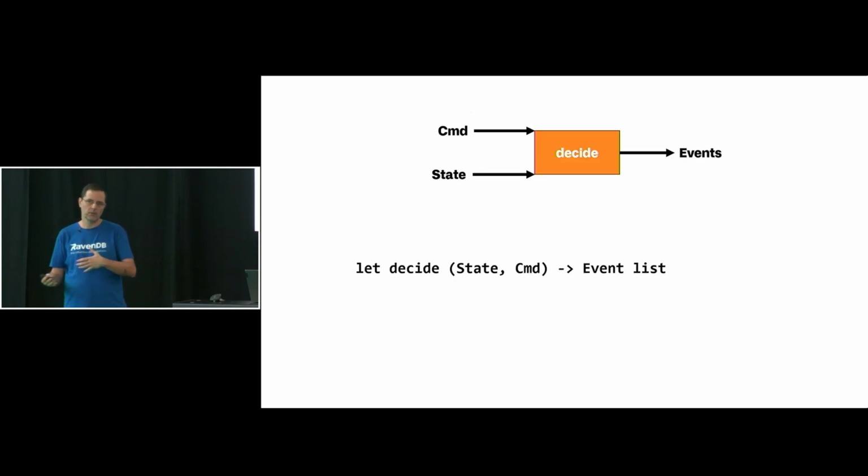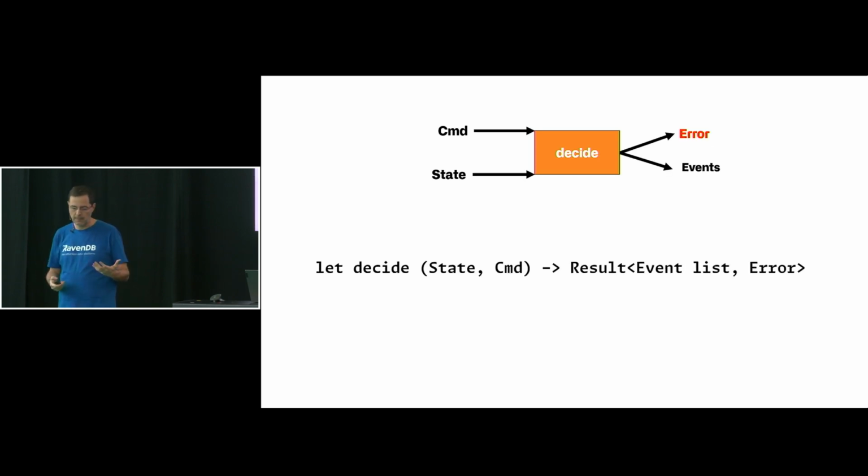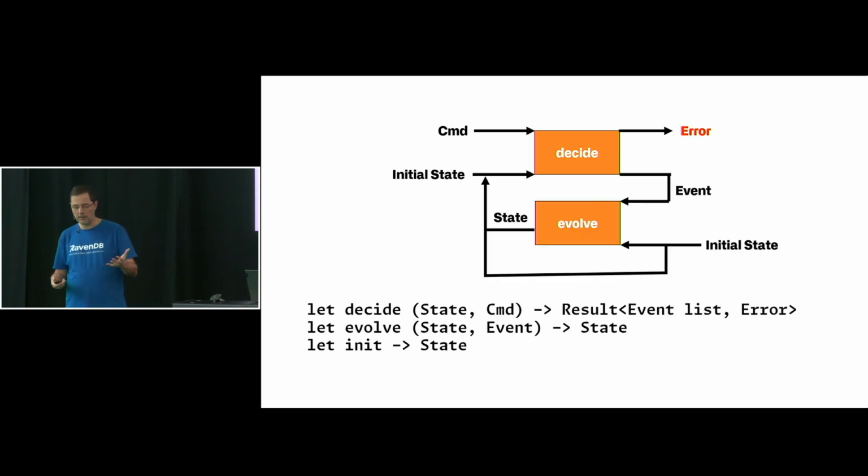Now, if we try to abstract event sourcing, it would start again with a function, and this time I'm calling it decide. It will receive a command and state, and instead of a new state, it will return events. So we are accepting the command as an intention to do something, some intervention or some state change, and we are producing events which are, as a rule, formulated in past tense. And again, if the command cannot be executed, I'm returning an error here.